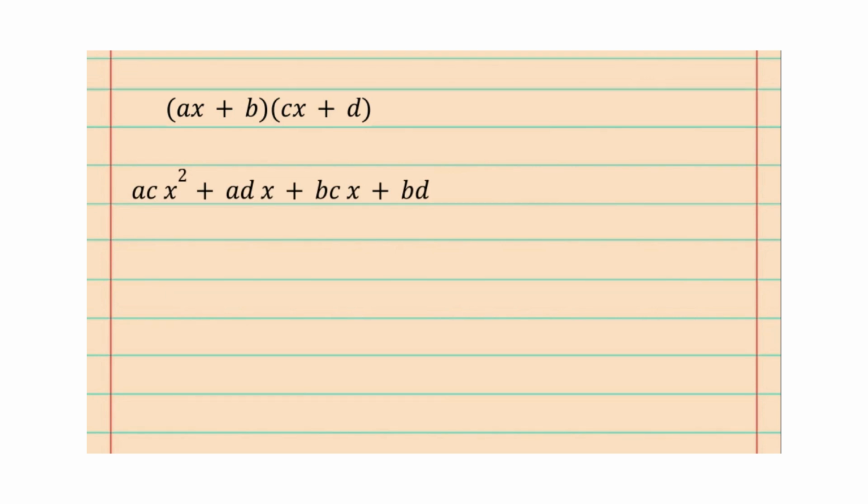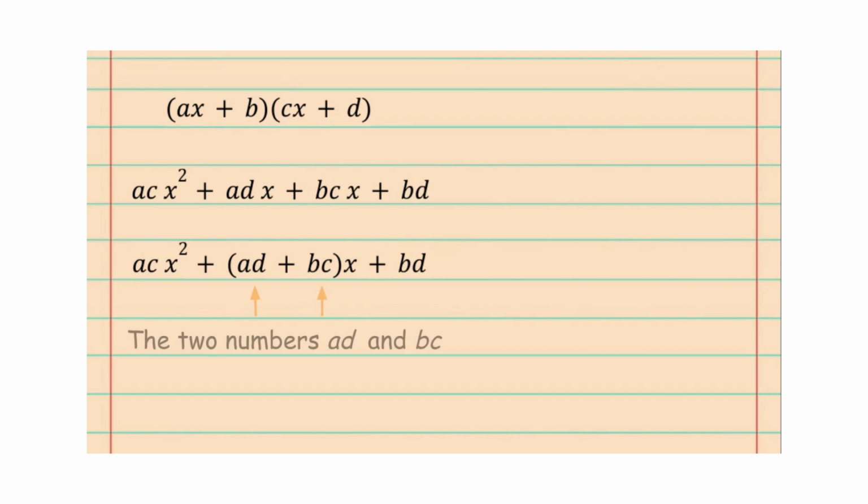But I'm going to embrace the mess, and I'm going to factor out an x from the middle two terms. And though this may look like an even bigger mess, I notice that AD and BC, the coefficient of x, would constitute two numbers.